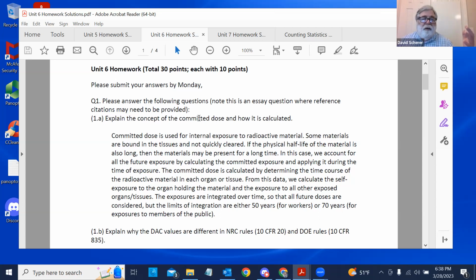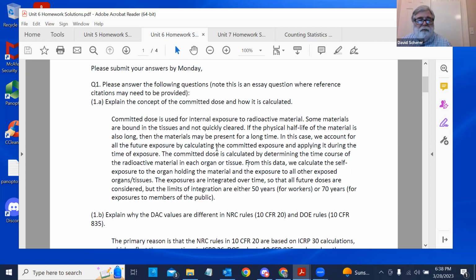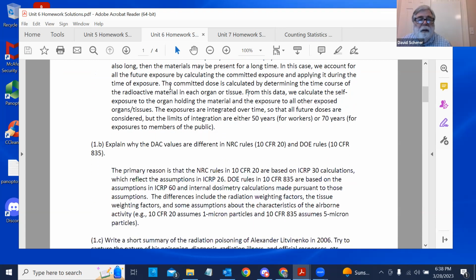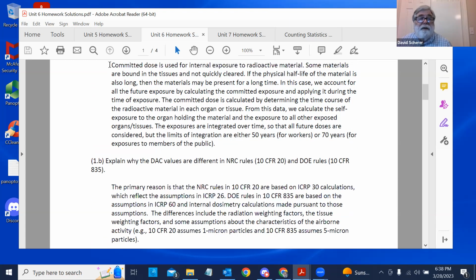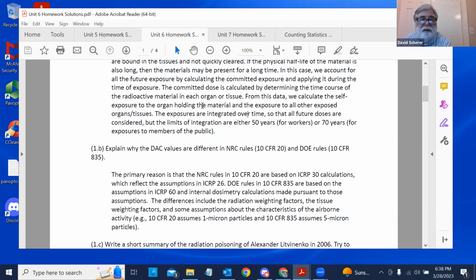So we can have committed doses for organs, and committed dose equivalents. They originally came up with the idea so that they could do effective doses, but it's used for organs as well. I noticed that a lot of people in their comments said that committed dose is used for effective dose. It is, but it's not only used for effective dose. That's why I'm mentioning it here.